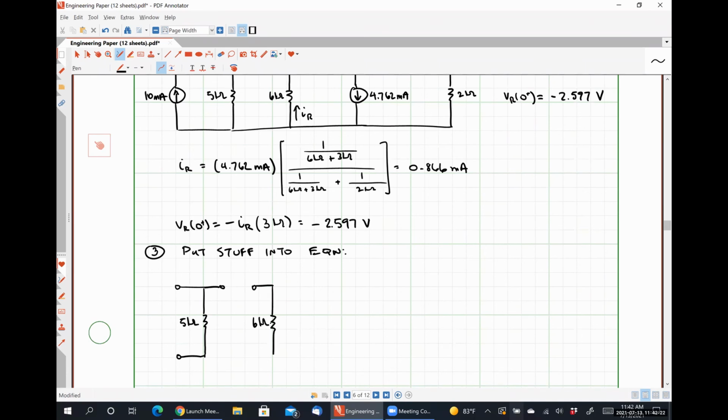Here's our 6 kilo ohm resistor. Here is our 3 kilo ohm resistor. Here's where our inductor was. So we're taking it out and we're looking in through this set of terminals. And then we also see over here our 2 kilo ohm resistor.